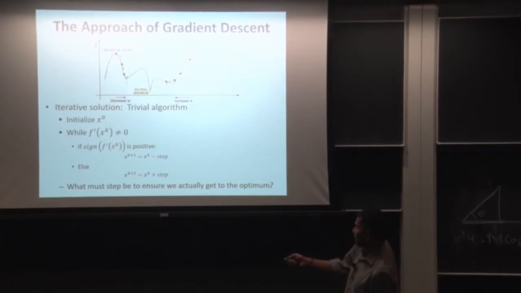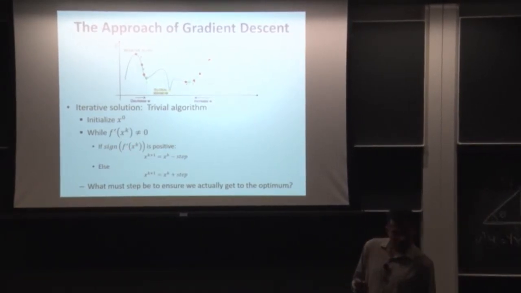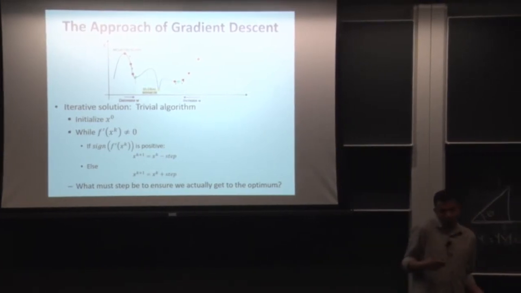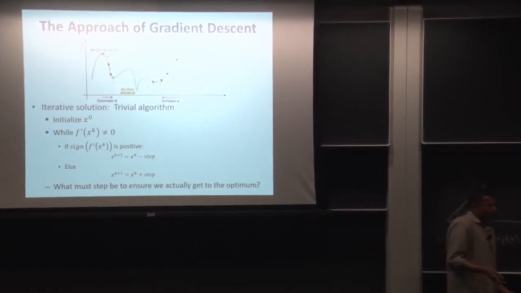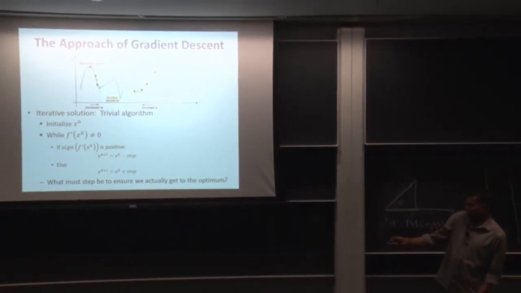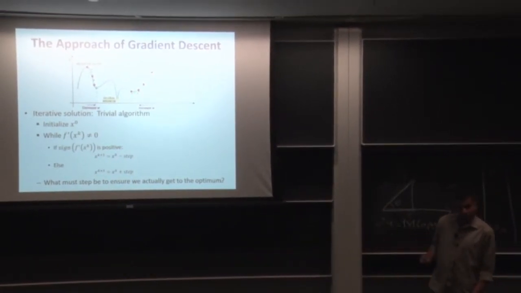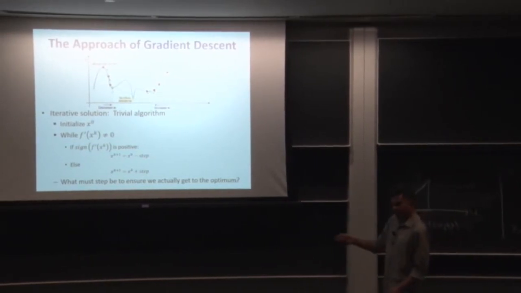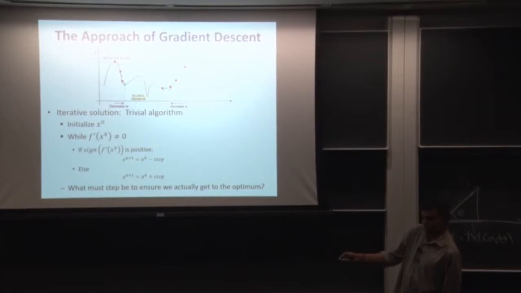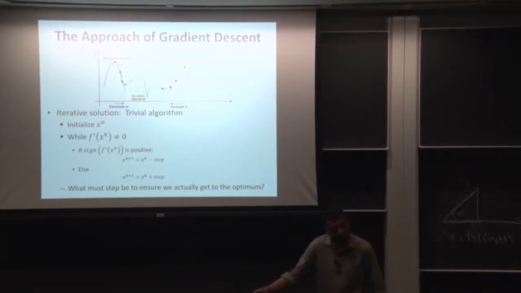At that point, I can check the sign of the derivative. If it's positive, I take a step backwards. If it's negative, I take a step forwards. So xk plus 1 is xk minus step, where step is a positive number, so I'm going backwards. Or if the derivative is negative, then xk plus 1 is xk plus step, where step again is a positive number.